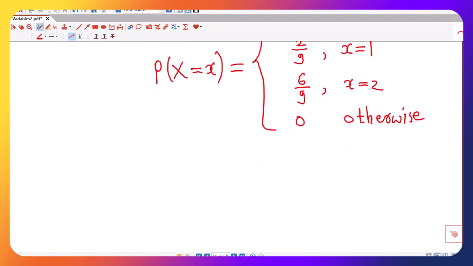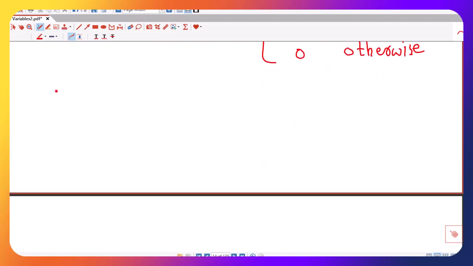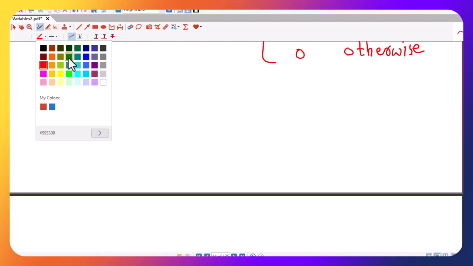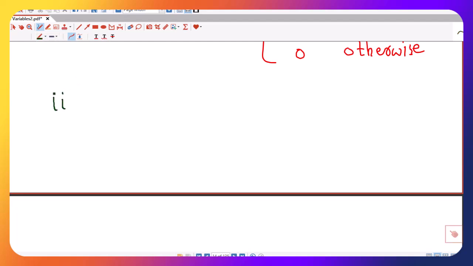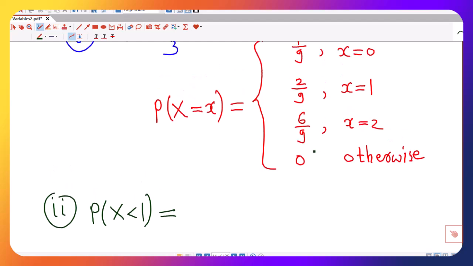What was the second part? The second part was to calculate the probability that capital X is less than 1. Now the probability mass function is 0 at all the values except 0, 1 and 2, and for x less than 1 we have only one value at which the probability mass function is non-zero. So this is equivalent to the probability that capital X is 0.